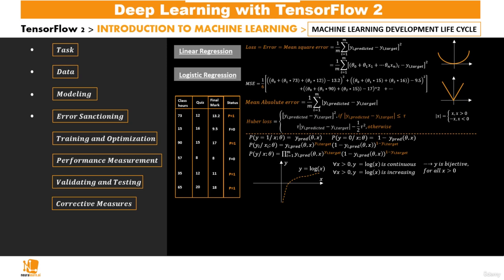maximum likelihood estimation task. That is, for all x greater than 0, the log of x is continuous, and for x greater than 0, the log of x is increasing. So we have here a monotonic function for all x greater than 0. From these two conditions, we could say that y is bijective for all x greater than 0.